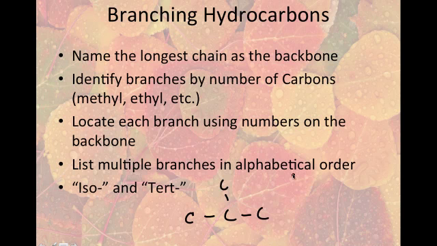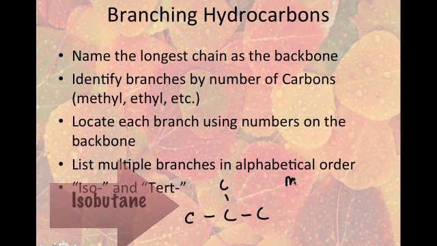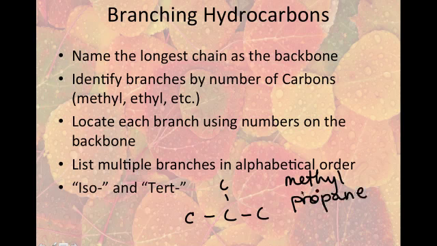All right, so this is called methyl propane because I put an extra carbon on my propane backbone. So I count my longest chain. This 3-carbon chain is longer than this 2-carbon chain, right?